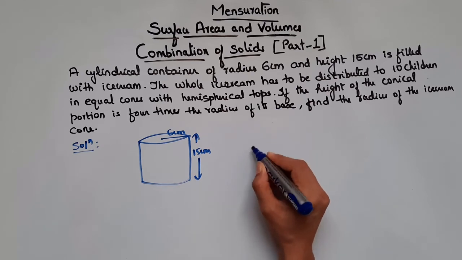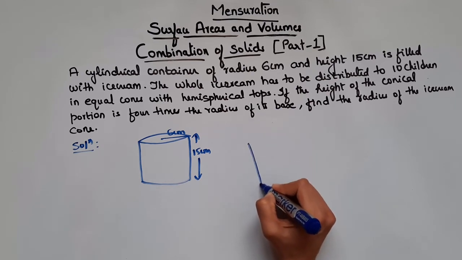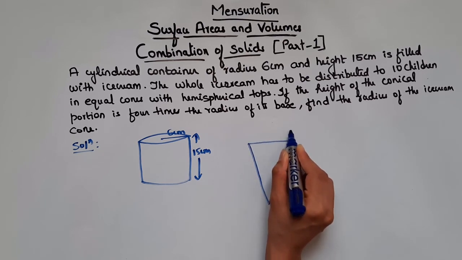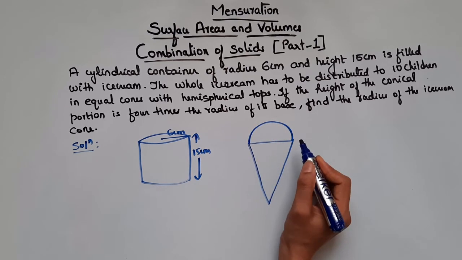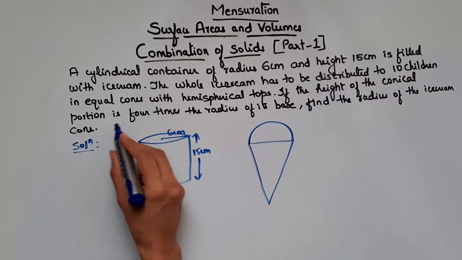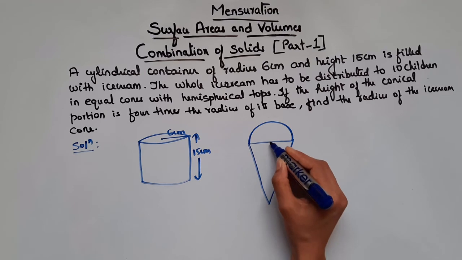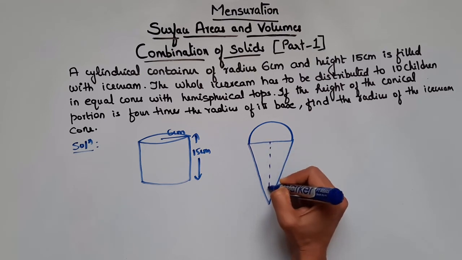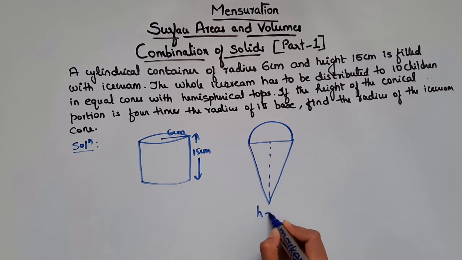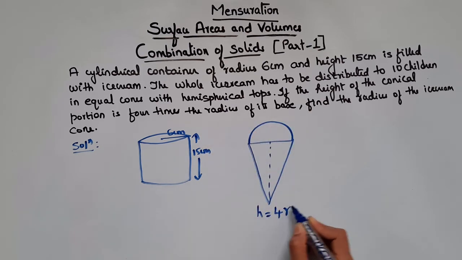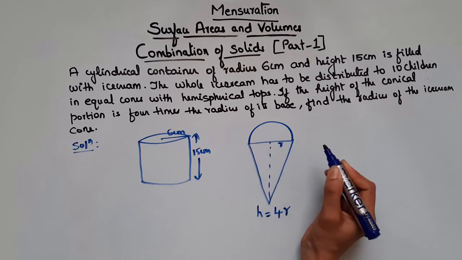So we have to make a cone with hemispherical top like this. If the height of the conical portion is 4 times the radius of its base, so the height of this conical portion, that is this height, is 4 times the radius of its base, so 4 times r, and this is r.